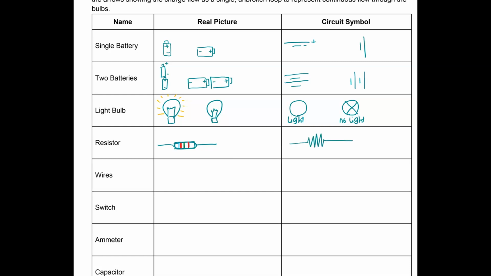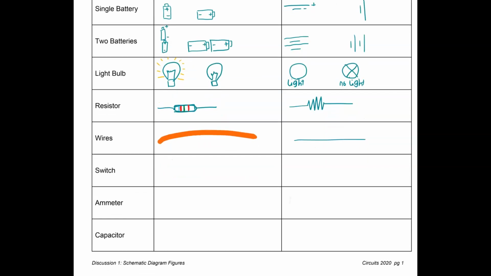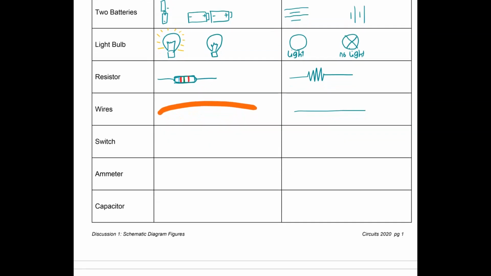Now, speaking of wires, in our simulation, wires were just kind of like this big orange line. In our class, we'll just draw a straight line to show the wire. Now the switches, you had to show the switches on and off.